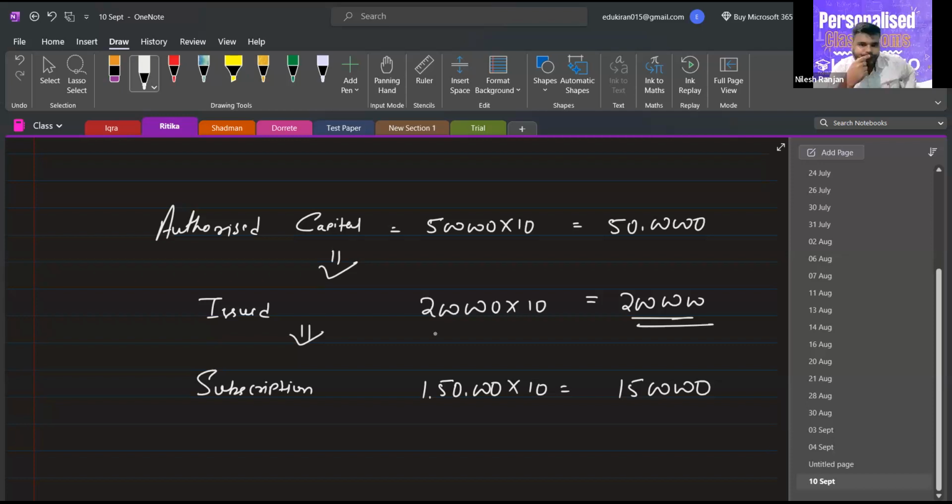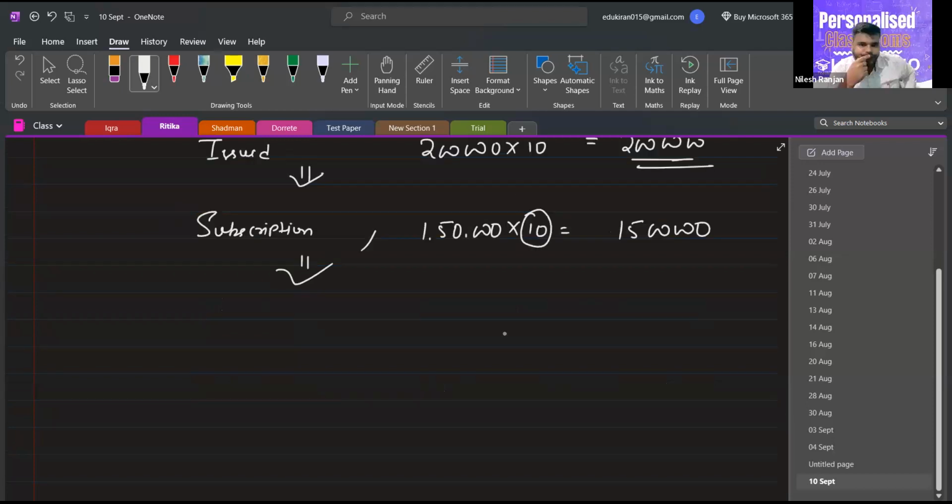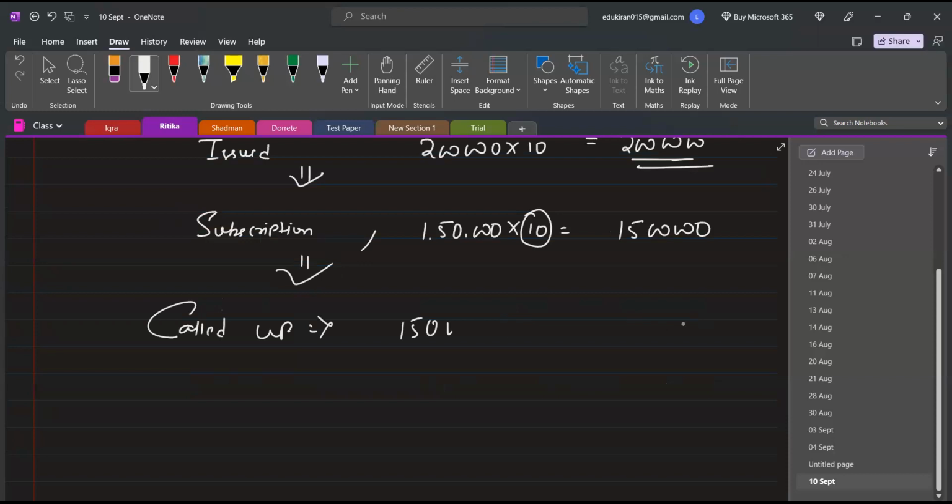Total subscription is for 1,50,000 shares, and we have demanded 8 rupees per share. So the total amount that we have called up from our shareholders is 12 lakh.